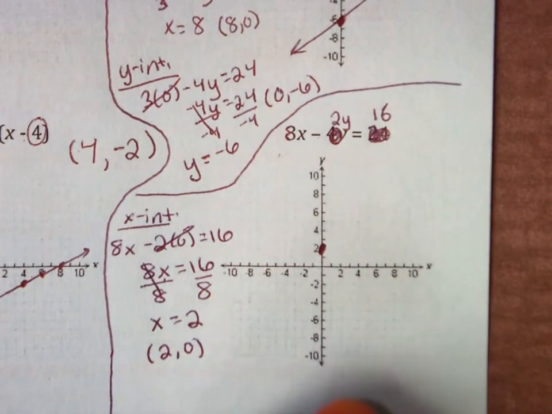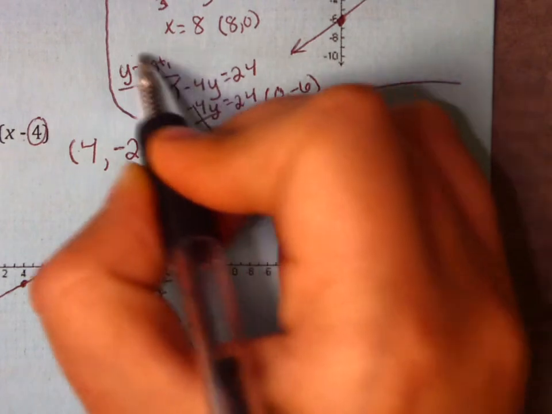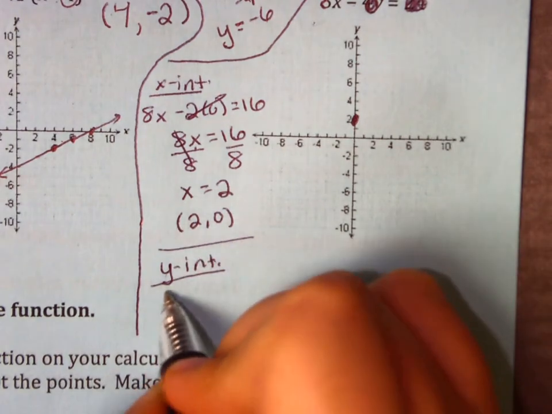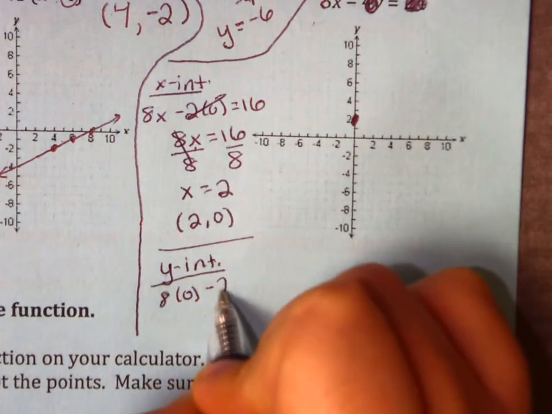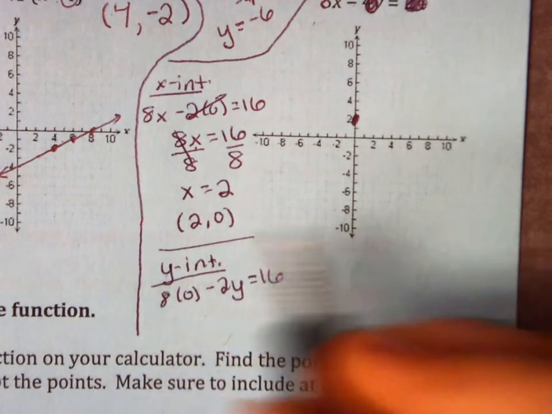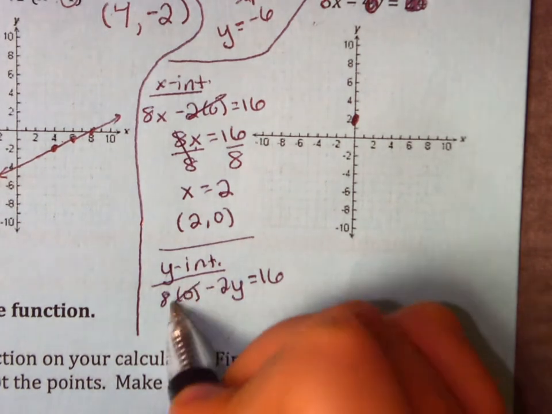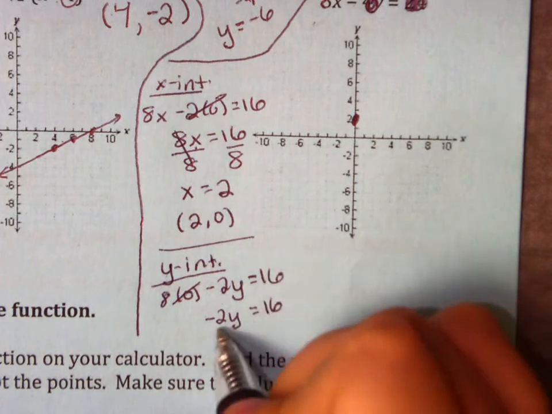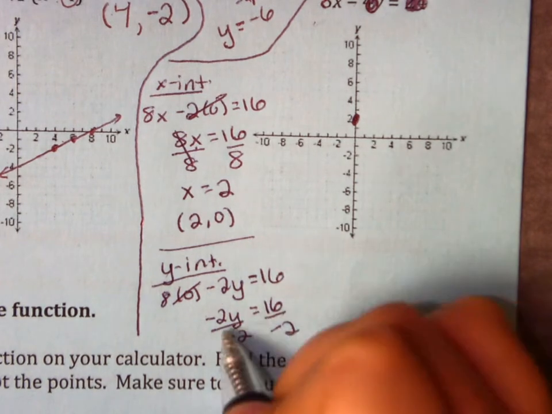Now the y-intercept, we put 0 in for x. So we have 8 times 0 minus 2y equals 16. Well, 8 times 0 is just 0, so that goes away. We have negative 2y equals 16. Divide by negative 2.